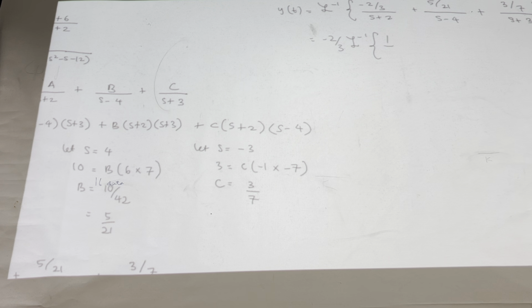So we have 1 over S plus 2. 5 over 21 put outside. We have 1 over S minus 4. And then 3 over 7, plus 3 over 7, 1 over S plus 3.